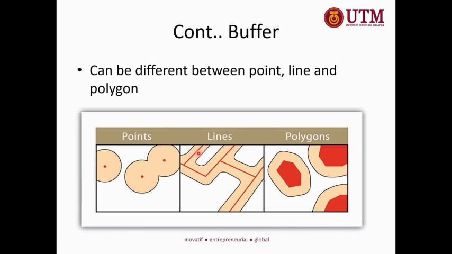Maybe around 20 or 30 meters from the main line, so you can do the buffer analysis. This is an example of buffer analysis for a line, and for a polygon it is based on the perimeter of the polygon. They will have some buffer. This is some example of buffering for point, line and polygon.